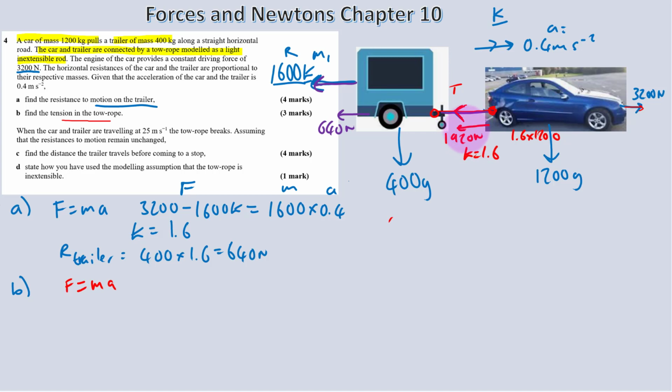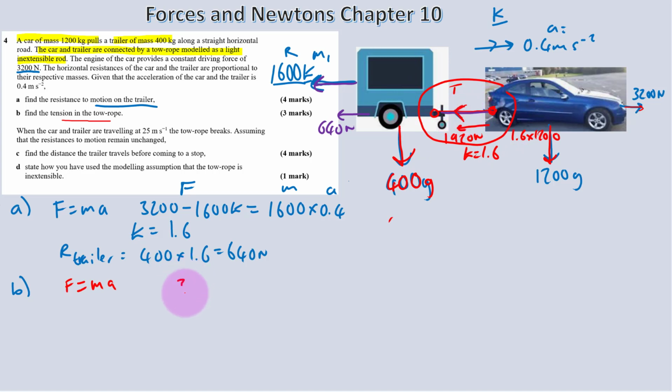That's going this way as well, and we have this as 400 kg. Okay, and I just do this out of habit, but we're all talking about horizontal forces, so we don't need to use g. Okay, so what forces have we got going around essentially this system right here?